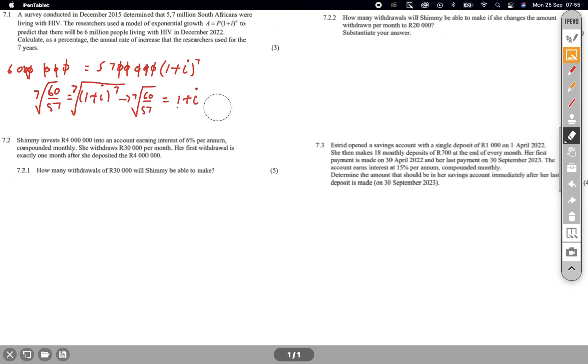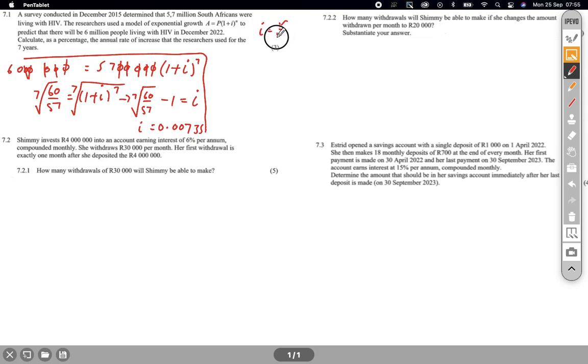So due to space, I will just remove what I have here. So this is going to be like this. And this should give you that i is equal to 0.00735. Now, remember that your rate i is given by r divided by 100.